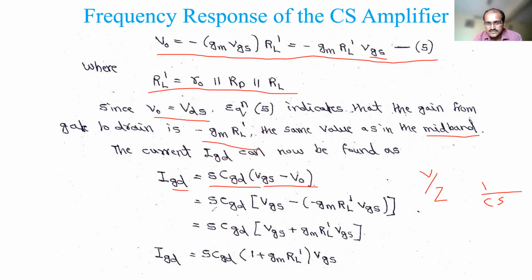Now we substitute for V naught from equation 5, which was minus gm RL dash VGS. So minus minus becomes plus gm RL dash VGS. Here VGS is common, so IGD is S CGD (1 plus gm RL dash) VGS. So this is the gate to drain current.